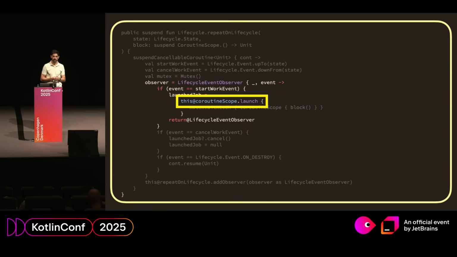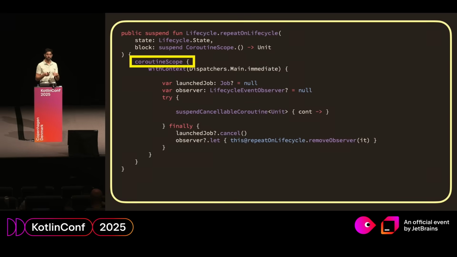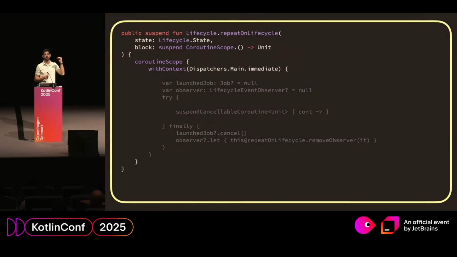And then the pending question was, where is this coroutine scope coming from? And that comes from somewhere else because suspend cancelable coroutine is executed here in the middle, and that's grabbed in more complicated code. It's not that complicated. So coroutine scope is called when we call the repeatOnLifecycle function. And why did we do that? We did that because coroutine scope is preserving the calling context.